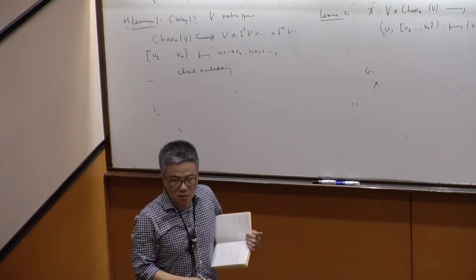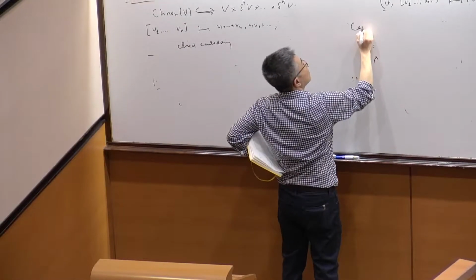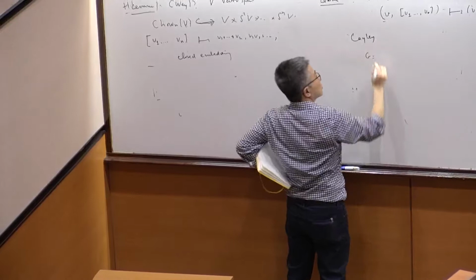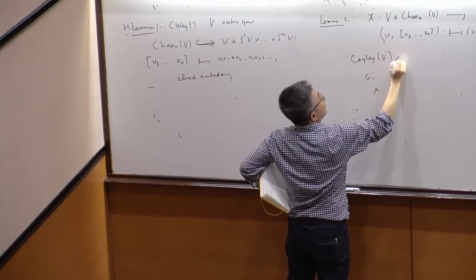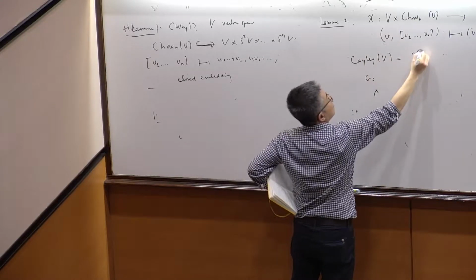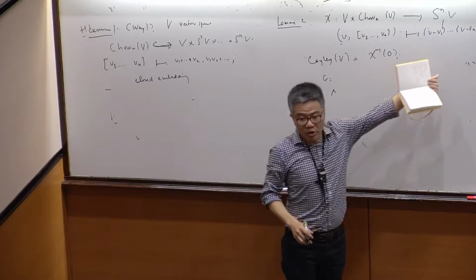You have a map, and you define Cayley, for Cayley-Hamilton. So Cayley of V is chi inverse of 0, just vanishing by these kinds of Cayley-Hamilton polynomials.